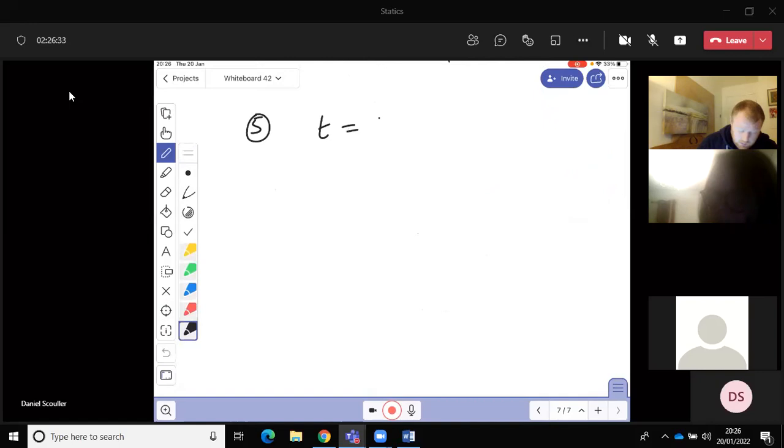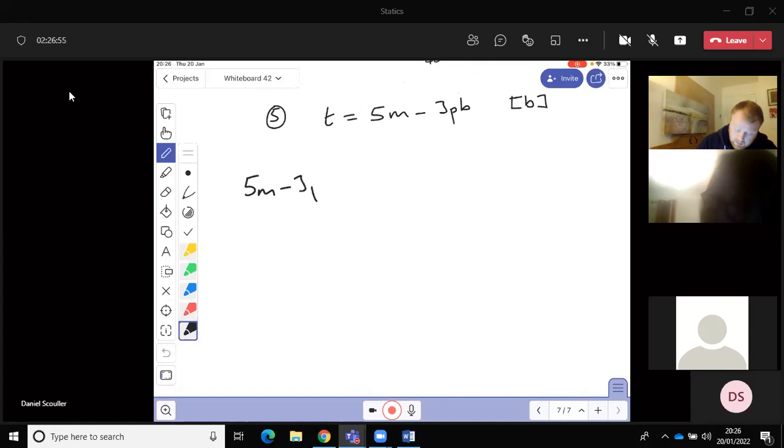We've got T equals 5m minus 3pb, and we want to leave, or isolate, b. Again, get b onto the correct side so we're more comfortable with it. We'll just write it 5m minus 3pb equals t.